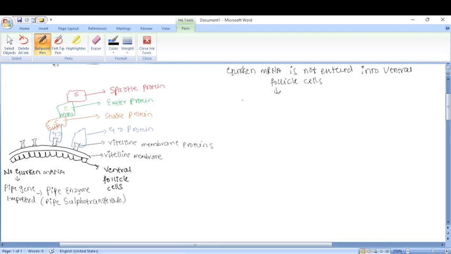Due to absence of the gurken mRNA, there is no gurken protein.